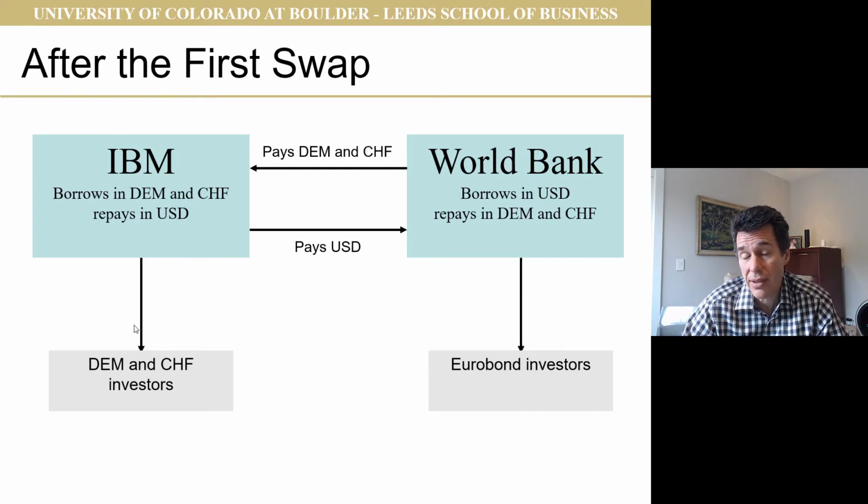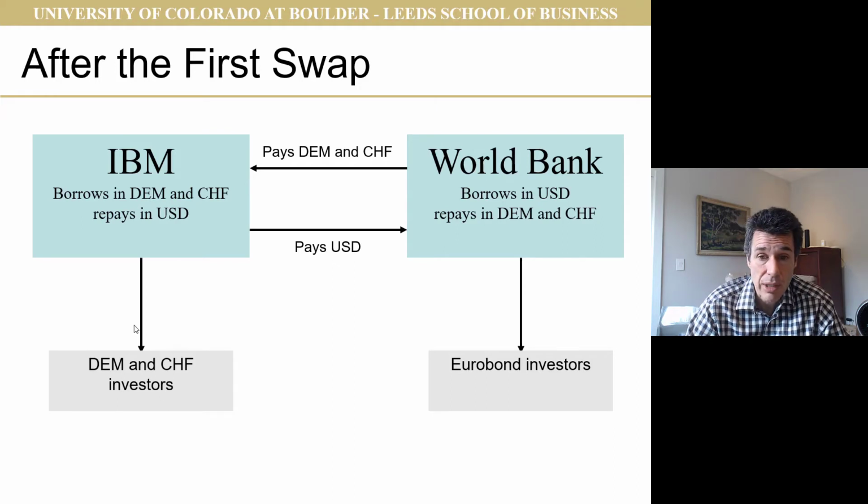The reality is this isn't really how the swaps market works anymore, because the swaps market is a dealer-driven market. IBM would go to Salomon Brothers and say, I want to swap my Deutschmark and Swiss franc cash flows into dollars. And the World Bank independently, and probably at some completely different time, would approach Salomon Brothers or some other bank and do the opposite.